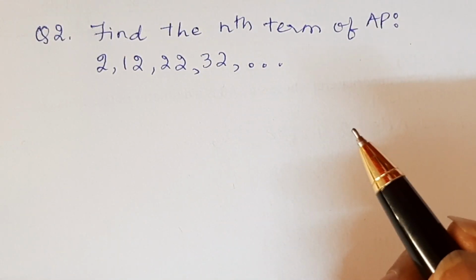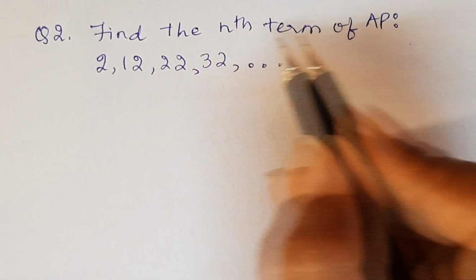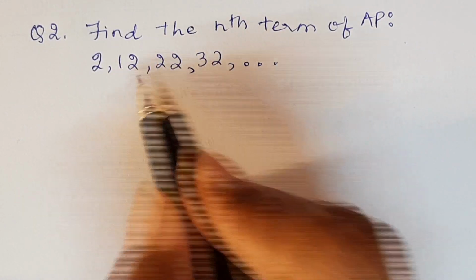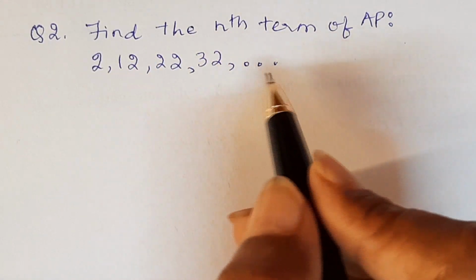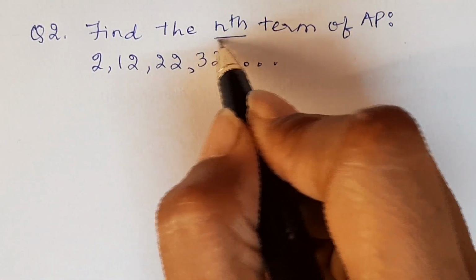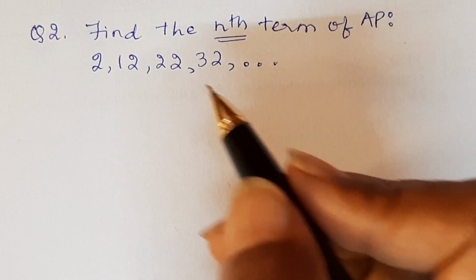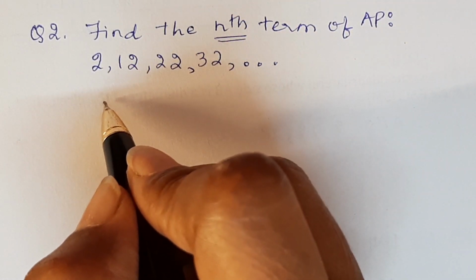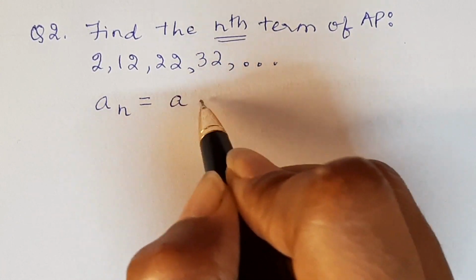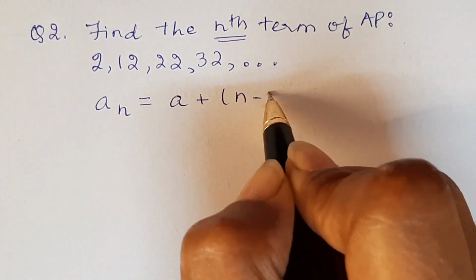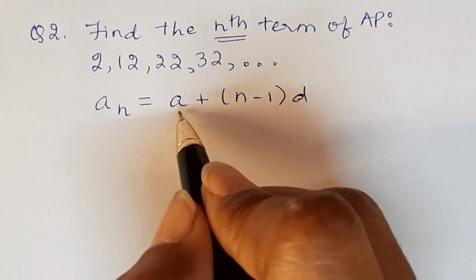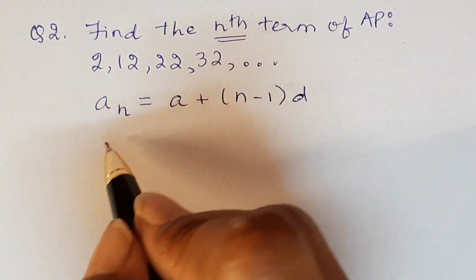Let us take another question. Find the nth term of AP 2, 12, 22, 32, ... Now here we have to find the nth term. We have the nth term formula as we saw earlier, AN is equal to A plus n minus 1 into D. And so we have to look for A, which is our first term.